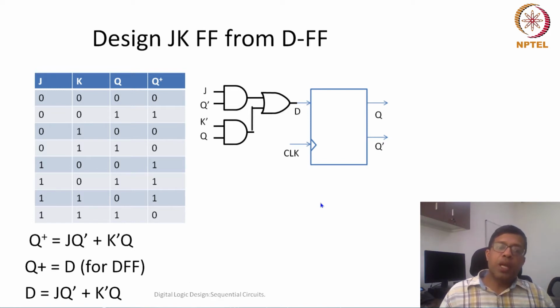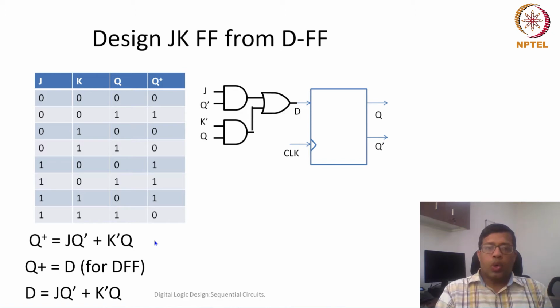Similarly, by looking at the characteristic equations of two flip-flops, we can think of designing any flip-flop from the other flip-flop. So this is one of the interesting applications of flip-flops, that once we have one, we can also derive the other one.